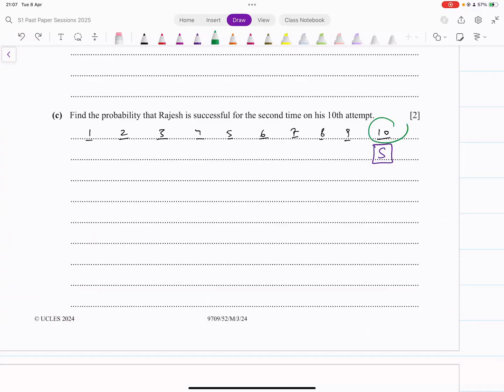But it has to be the second success. It should not be the first success. It should be the second success. That means we should have exactly one more success in the first 9 attempts, right? So out of these first 9, there should be one other that is also a success. That is when the 10th attempt would end up becoming a success. Okay?